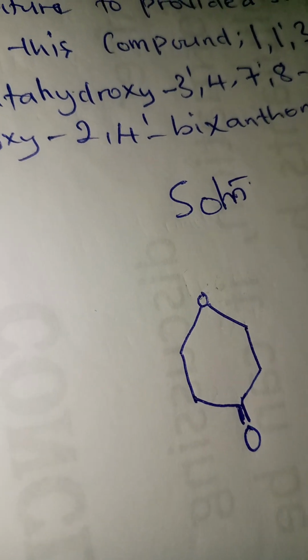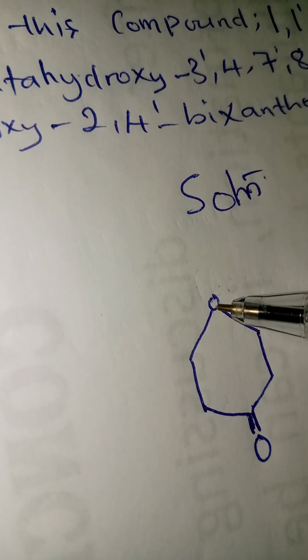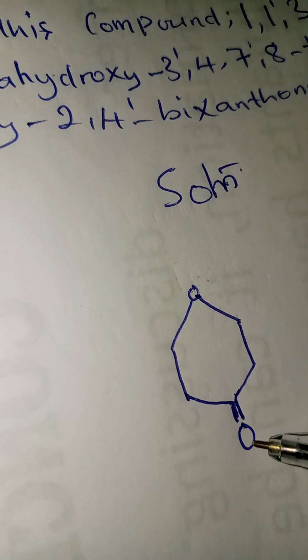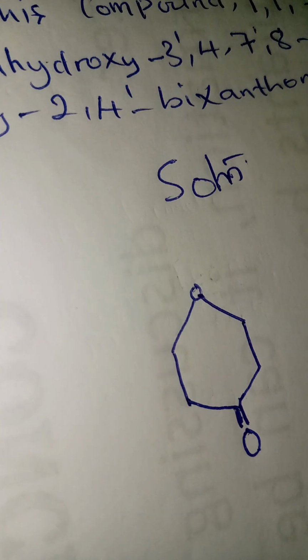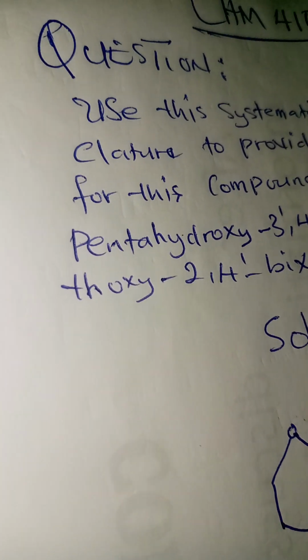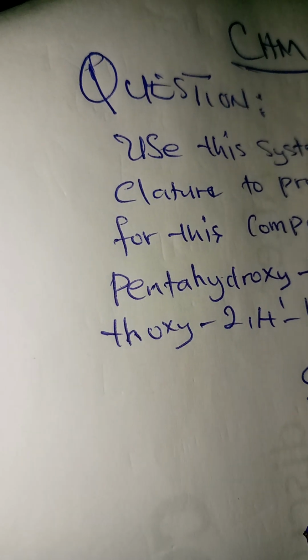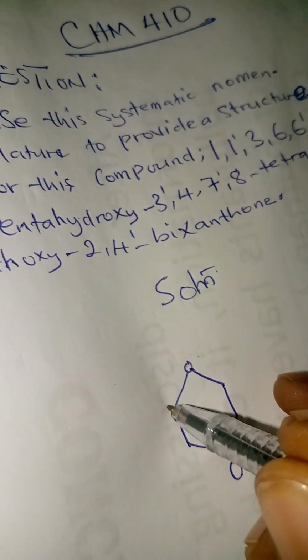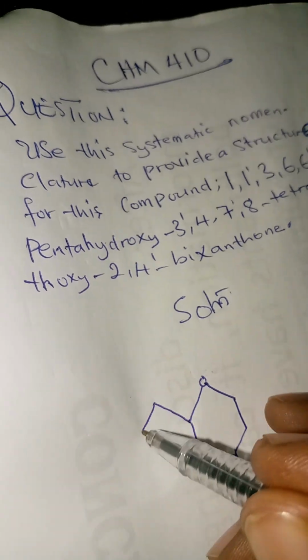You understand? It contains the ether group and the ketone group. After this, you have your benzene ring at each side of the pyrone.